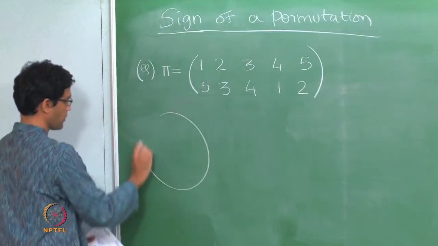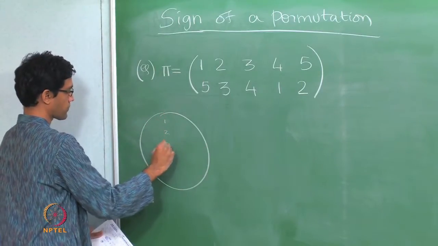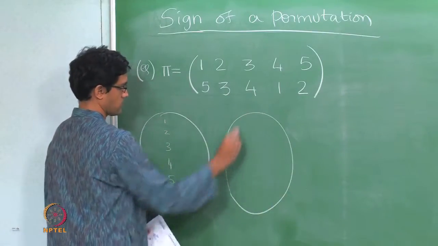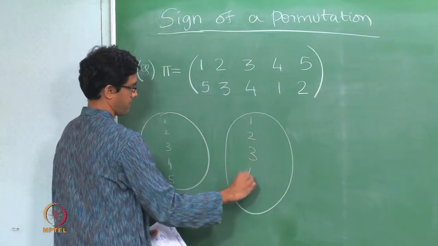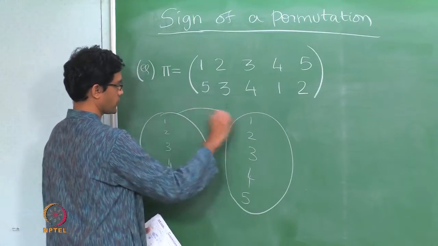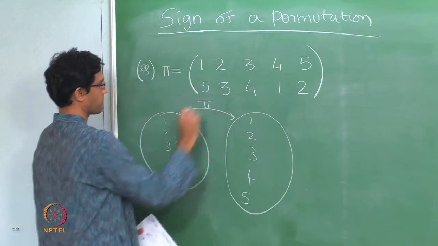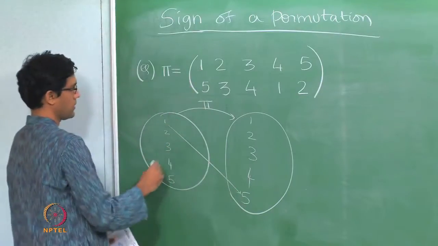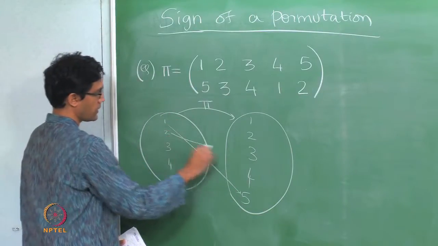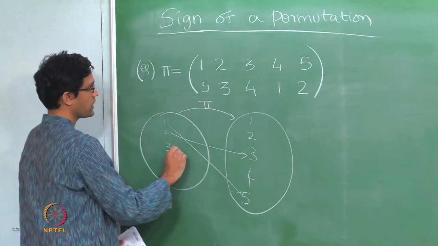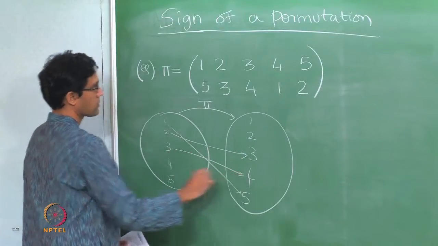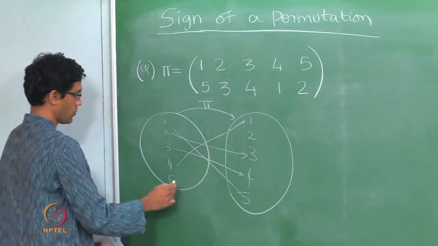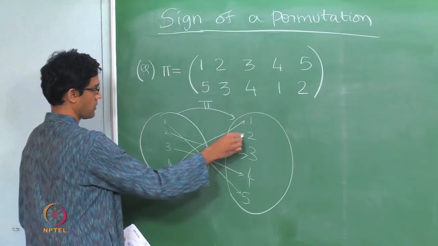So recall the function way of thinking about it. And this function is usually also denoted by the same letter pi. So 1 goes to 5, pi of 2 is 3 and so on, pi of 3 is 4, pi of 4 is 1 and pi of 5 is 2.